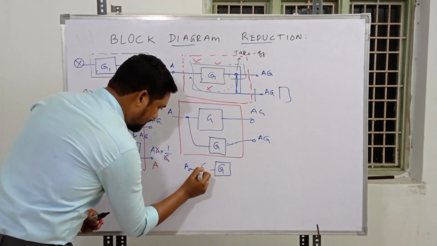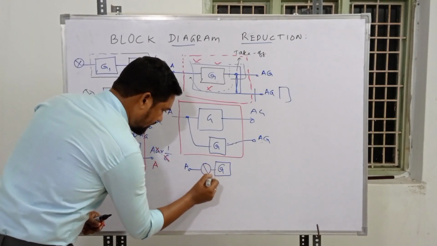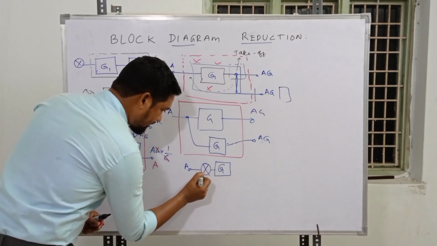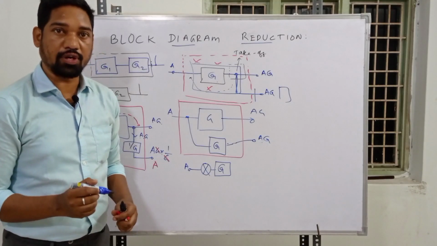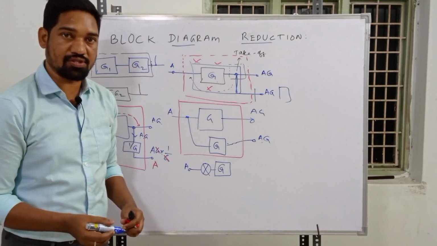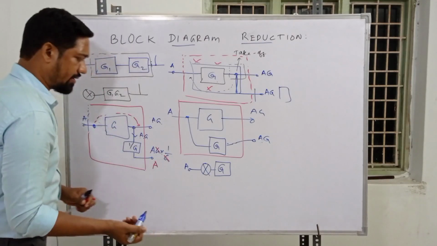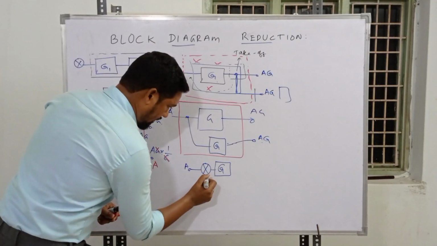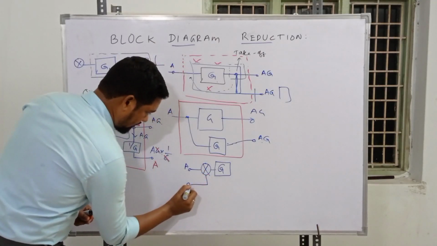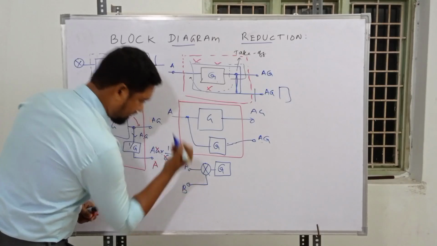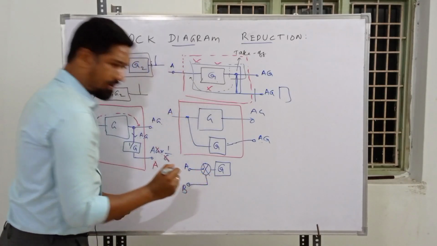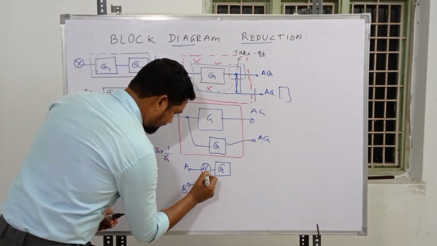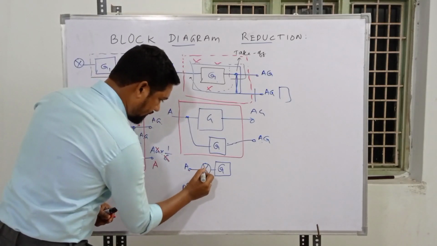Now we have another element that will be in need of shifting during the reduction process. It's known as a summing point, where 2 signals, 3 signals, 4 signals get added, simply added, nothing to get confused. And we have another signal like this one. Let's keep the name B. It may be added or subtracted, and for the time being it's positive and positive.